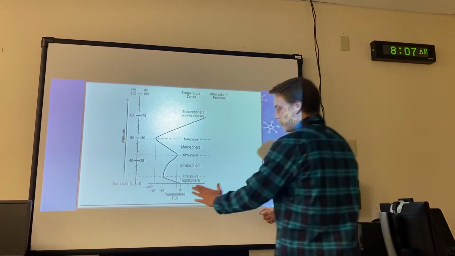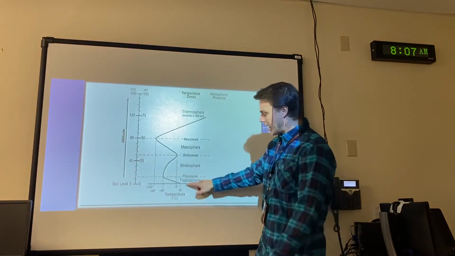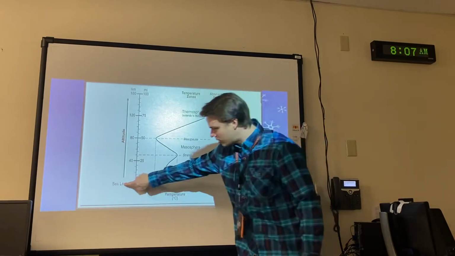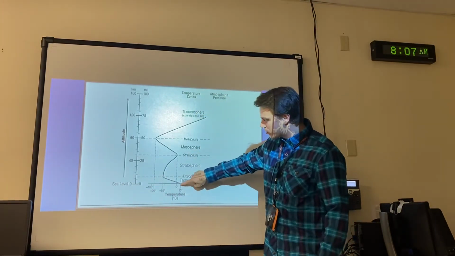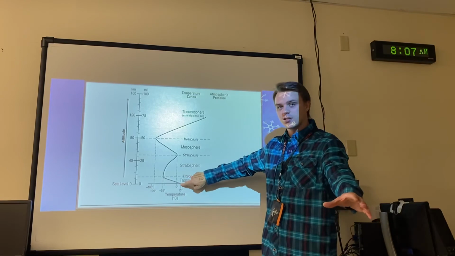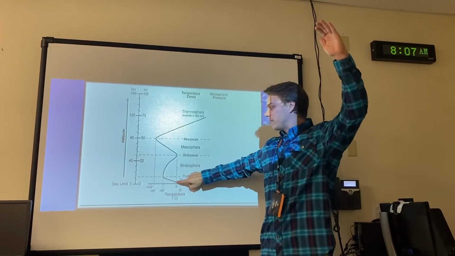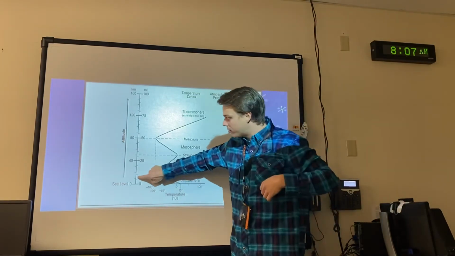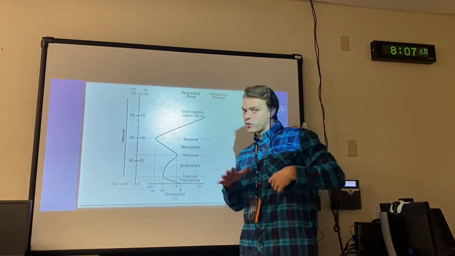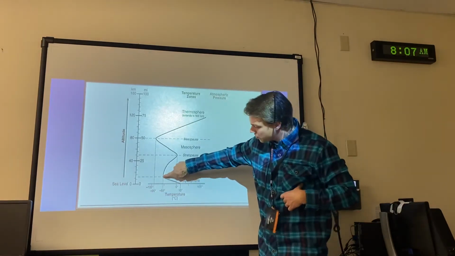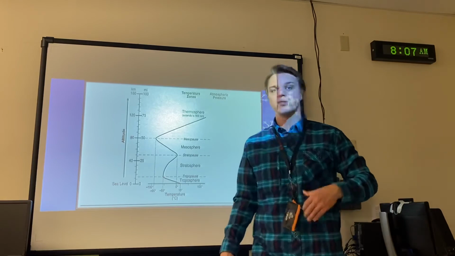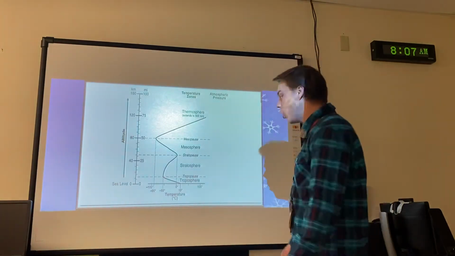So let's break this down even further. So we have the temperature information. In the troposphere, at the surface of the Earth, or at sea level, right, the temperature is going to be on average 15 degrees Celsius. But if we go high above the Earth's surface, about 7 miles, or about 12, 13 kilometers, the temperature is negative 55 degrees Celsius. It's really, really cold up there.